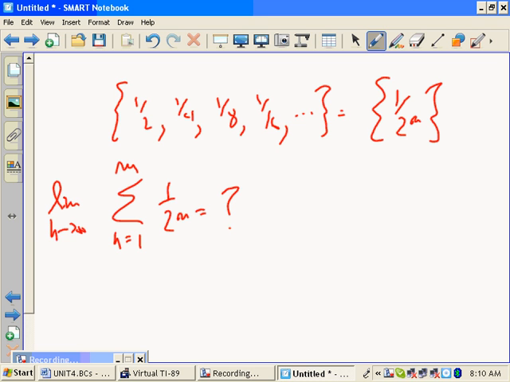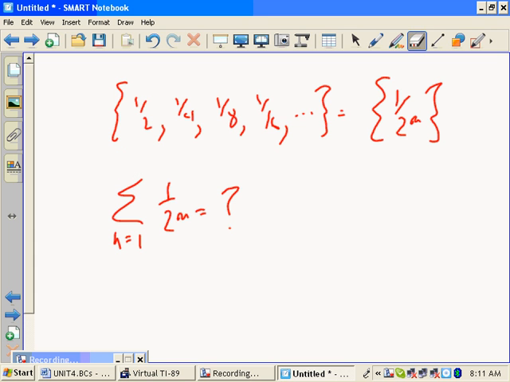If m is 1, you get 1/2, just the first term. If m is 2, you get 1/2 plus 1/4, 3/4. If m is 3, you get 1/2 plus 1/4 plus 1/8, 7/8, and so forth. Do you get 1 if you add them all up?